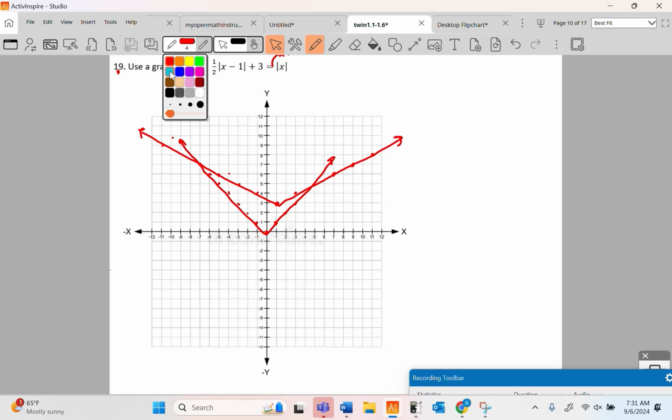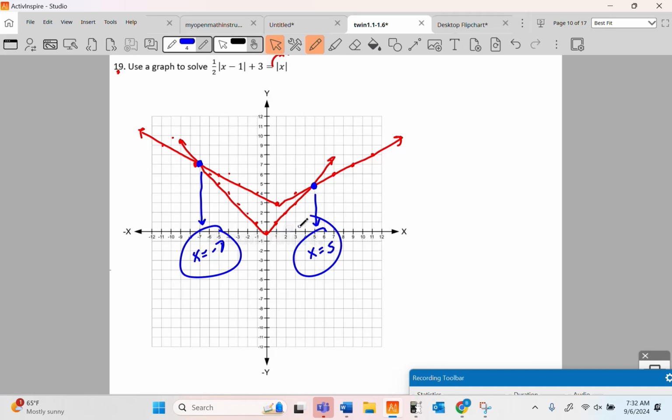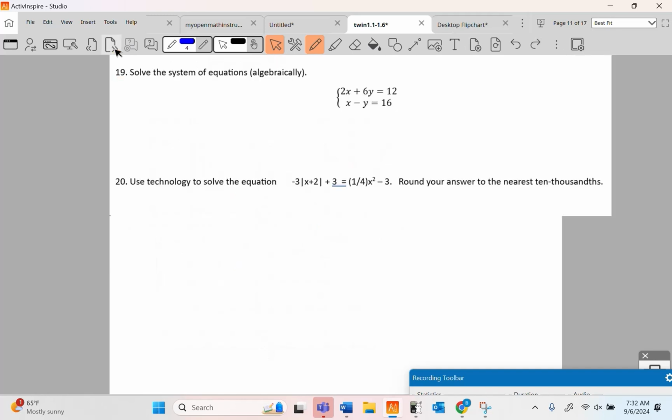So I have these nice clean intersections here. I changed color, did I not? Here and here. So if you just look, that says x is 5. And if you look, that says x is -7. 2 solutions. Easy peasy, Japanesey.